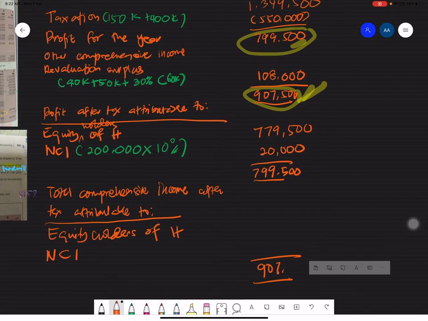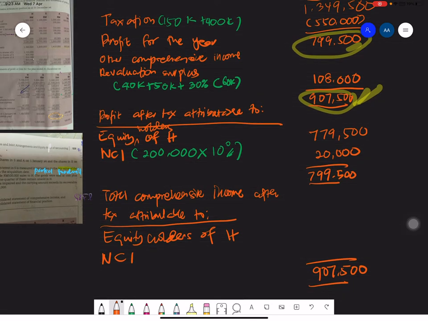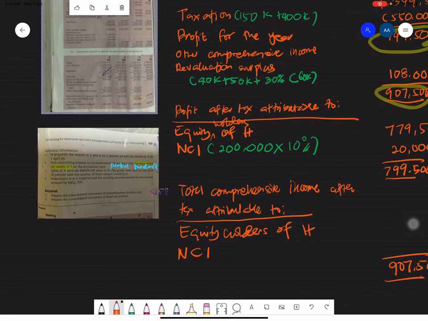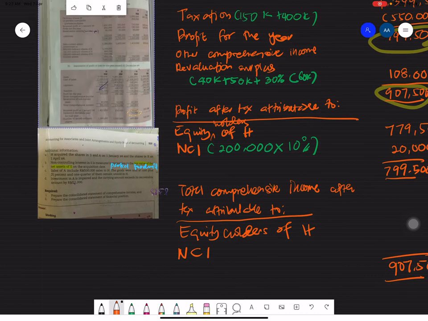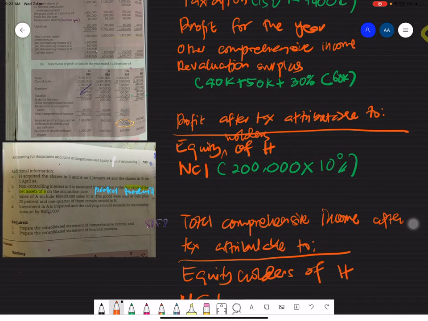So 907,500 is divided between non-controlling interest and equity holder of H. So you look at S, 200, isn't it?